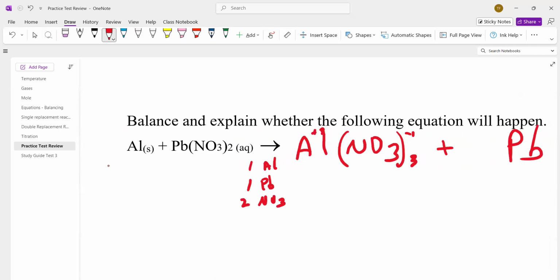On the right, we have 1, 3, 1. It's those nitrates we have to worry about here now. What are we going to do? So we're going to do it like this.